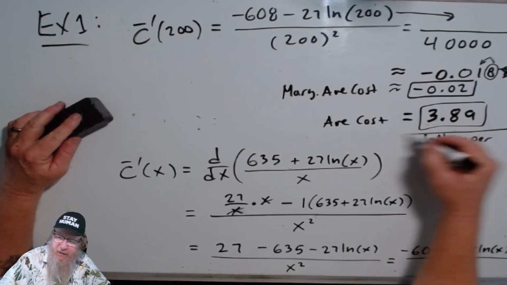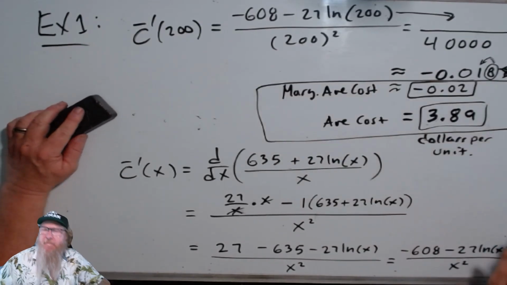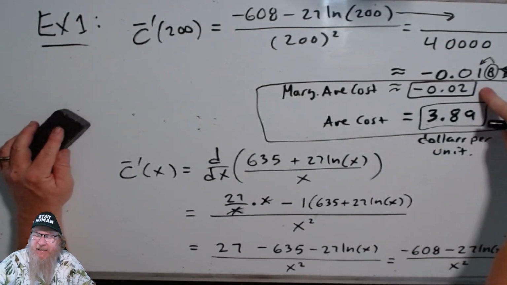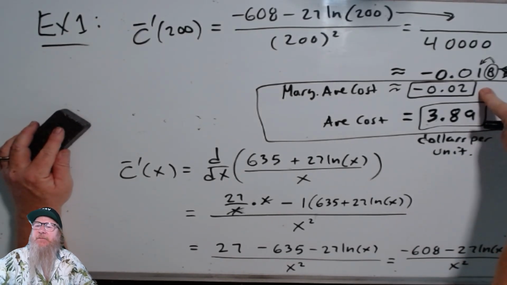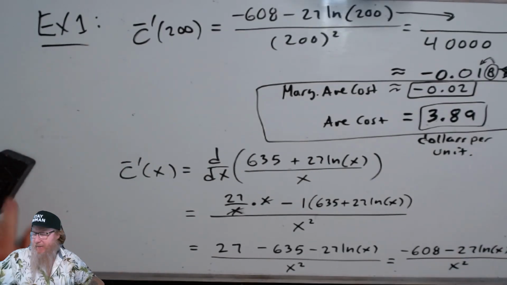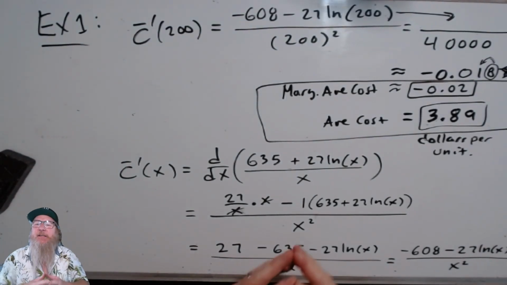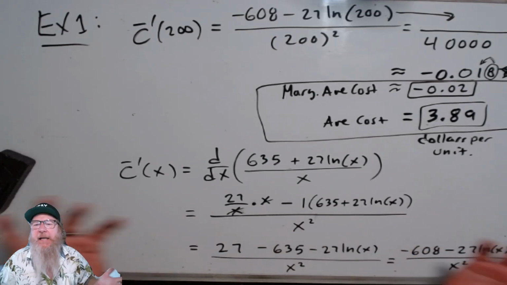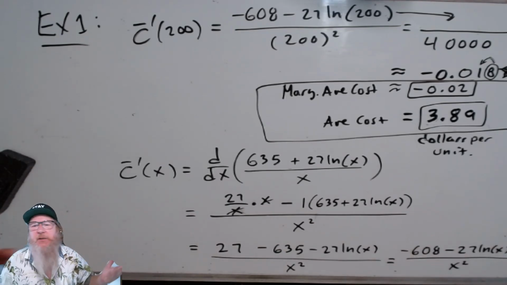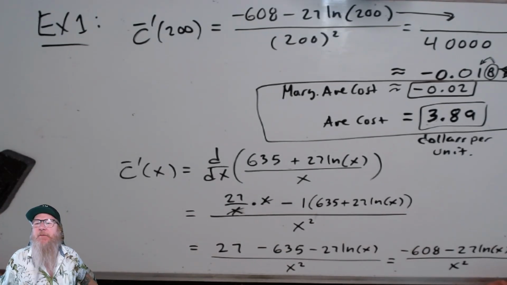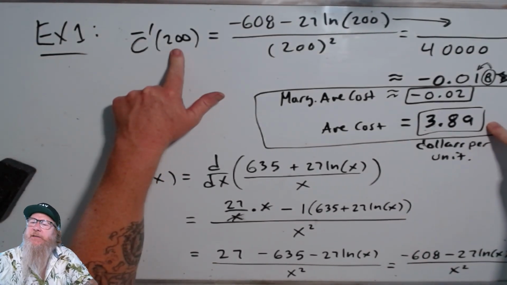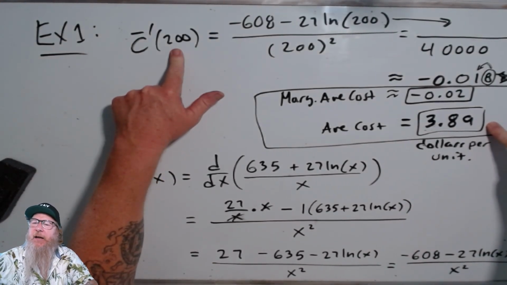So now we can look at the two things. Marginal average cost is decreasing, at a rate of 2 cents per unit. And again, calculus is the study of change. So when you talk to your colleagues, people you work with, your boss, whoever is interested in this kind of information, you're basically saying, well, when we produce 200 units, it's $3.89 a unit, right?